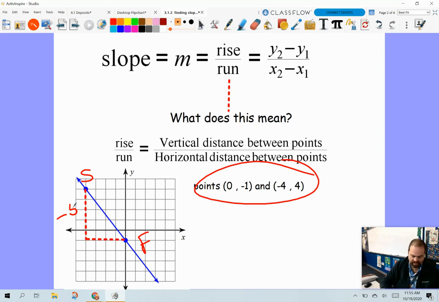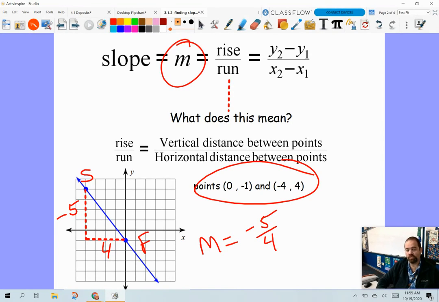So I'm going to make that a -5. And then 1, 2, 3, 4 units to the right. So that's a +4. The slope, and we always use the variable m, for this line is -5/4. That's it. You don't have to change that to a mixed number. It's not going to be -1 1/4. Just leave it -5/4.